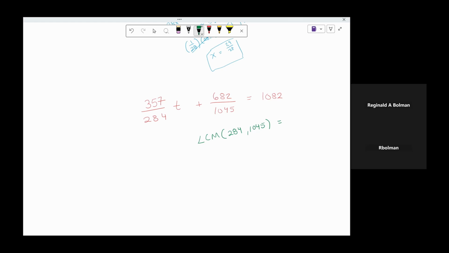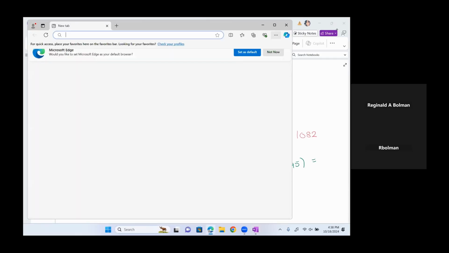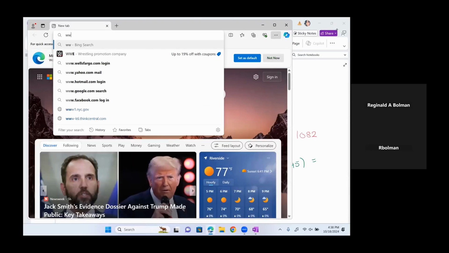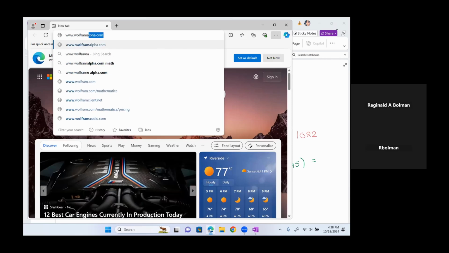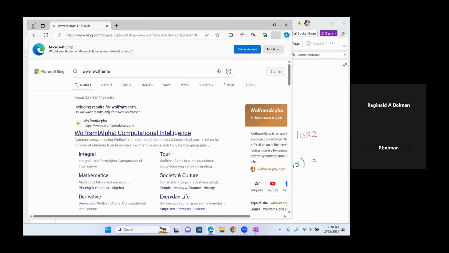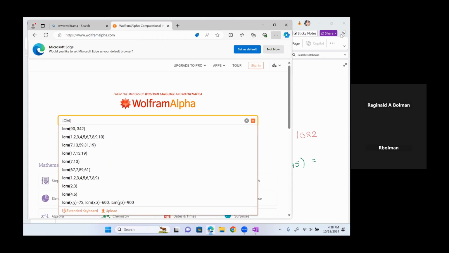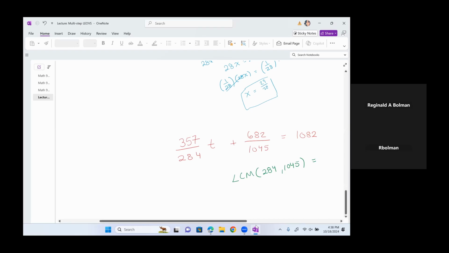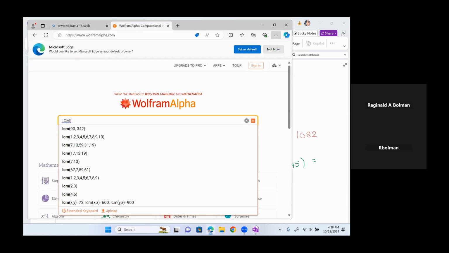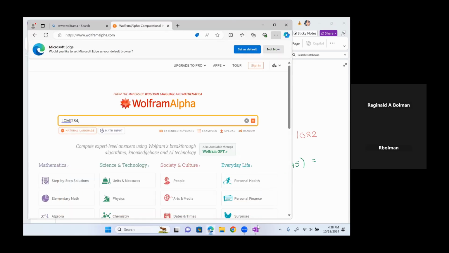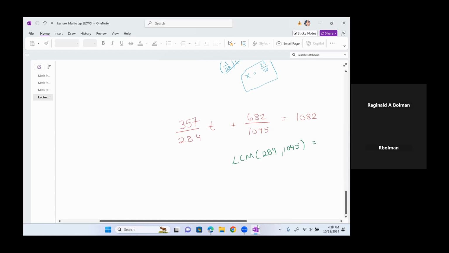It's certainly doable. For the sake of time, I would probably go to a website called Wolfram Alpha, and I would ask it to help me calculate the LCM of 284 and 1045.